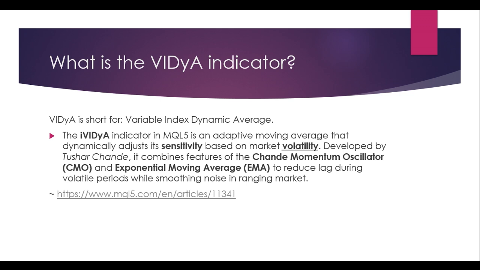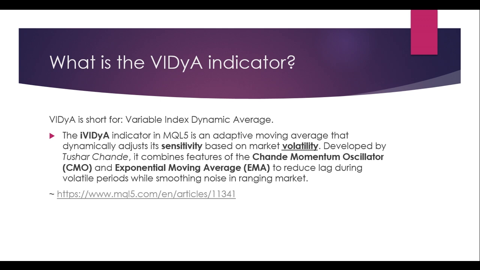This indicator is an adaptive moving average that dynamically adjusts its sensitivity based on market volatility. So this is an indicator based on the volatility of the market. It was developed by Tushar. It combines the features of the Chande momentum oscillator and the exponential moving average to reduce lag during volatile periods.